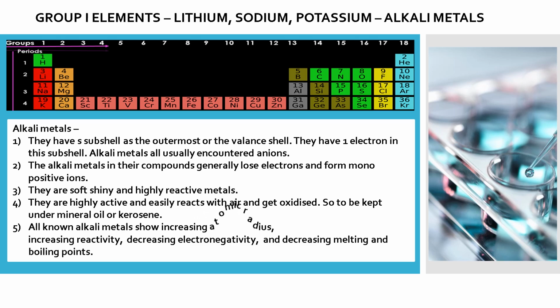Obviously, the shells keep on adding, so the atomic radii goes up. It shows increasing reactivity and decreasing electronegativity. And they show decreasing melting and boiling points because the control of the outermost electron becomes less and less as we go down.